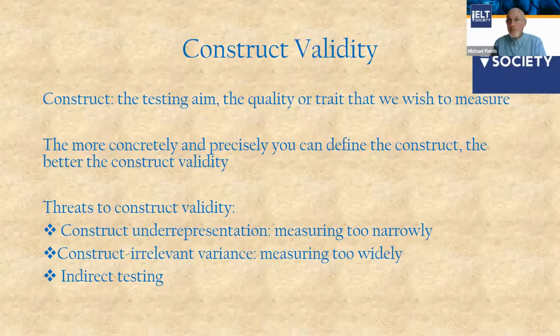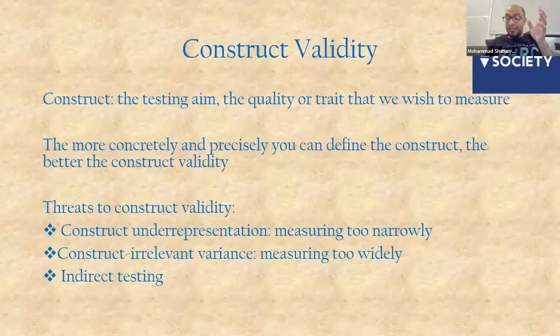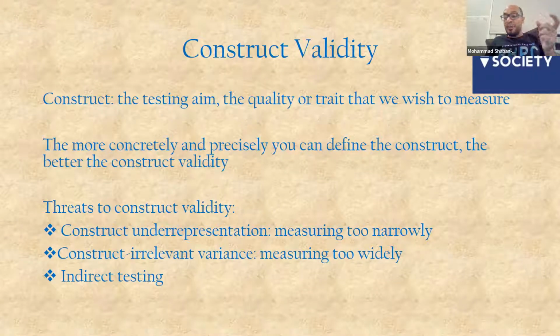Mohammed, did you want to say something? Yeah, just to make sure about the indirect testing. Sometimes I test my students on grammar, for example, conditional sentences, or transferring from an adjective sentence to an adverb. When I test them, there are some skills about spelling and capitalization.